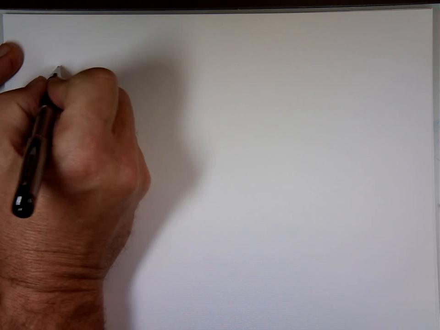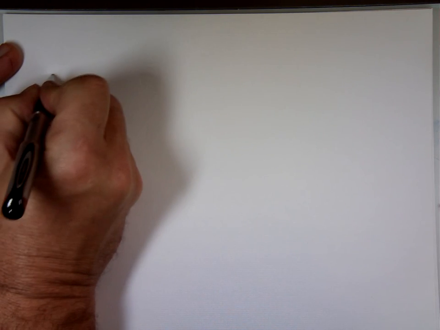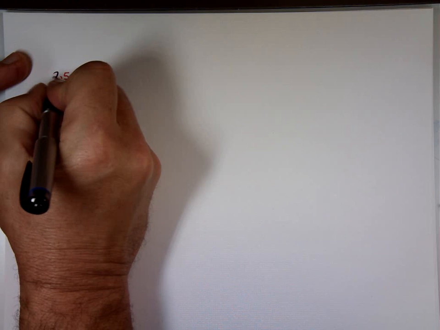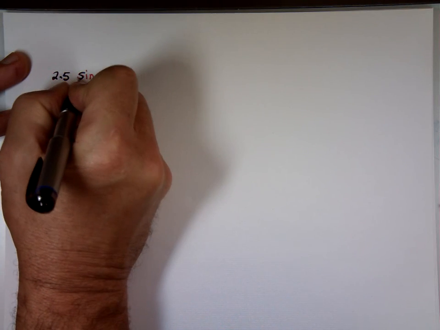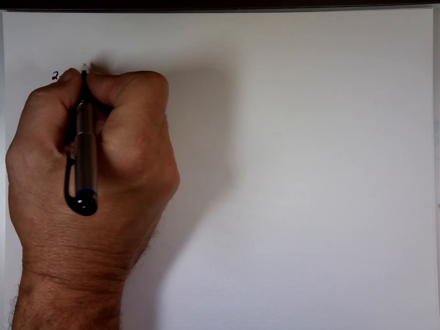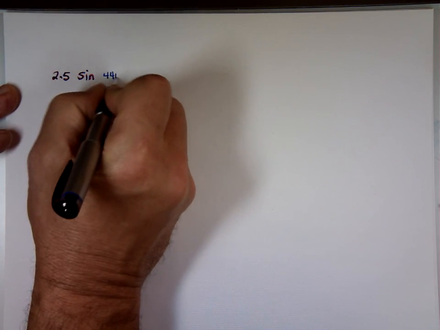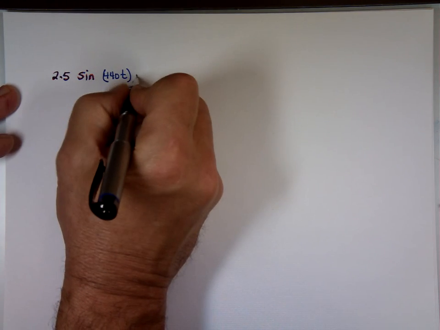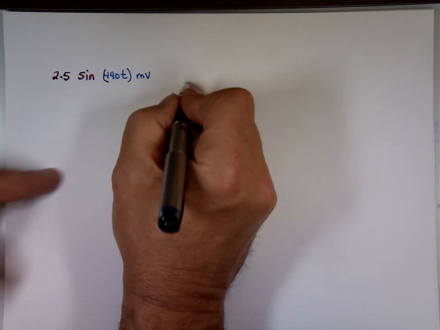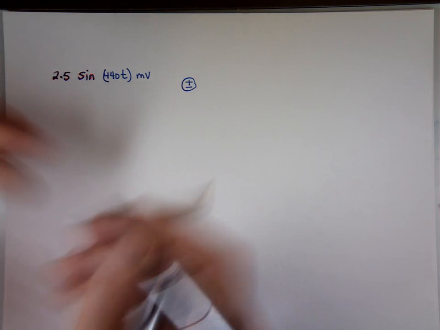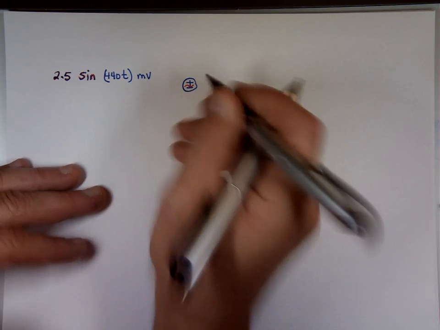We have 2.5 sine with a frequency of 440t, that's your 2 pi f here, and that value in millivolts. We really don't care about that source here. We'll get to AC circuits next semester. Notice this is not a DC source, so you see a squiggly line to let you know that's an AC source because you have a sine, cosine.